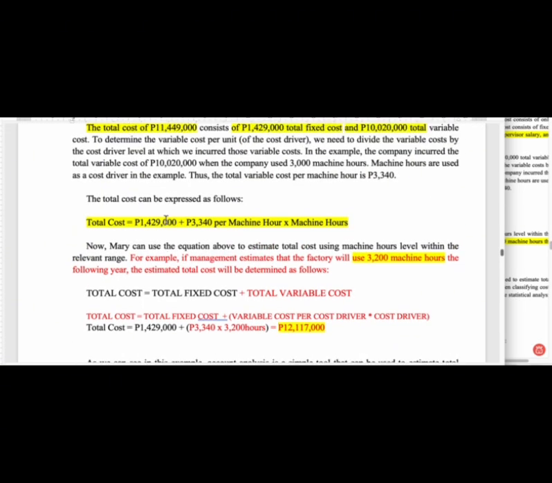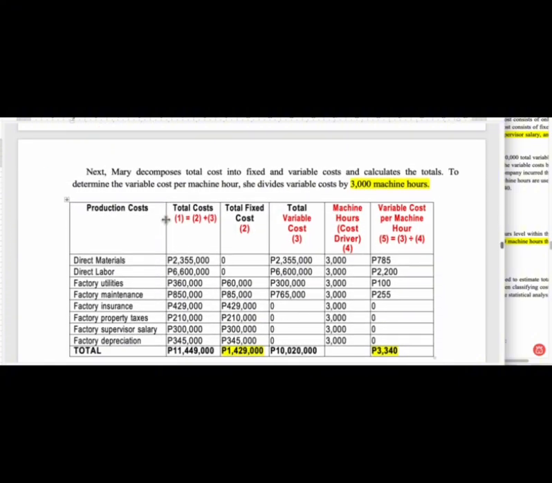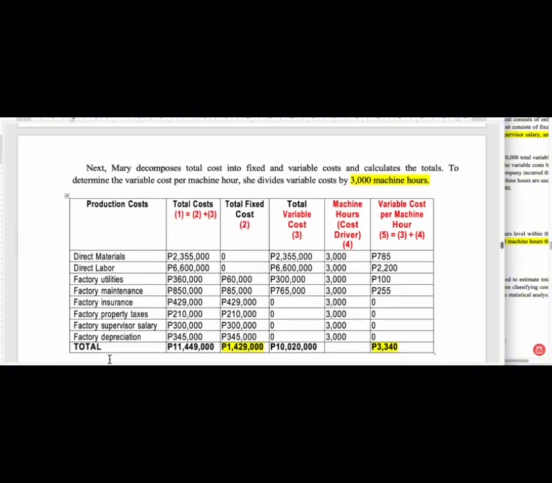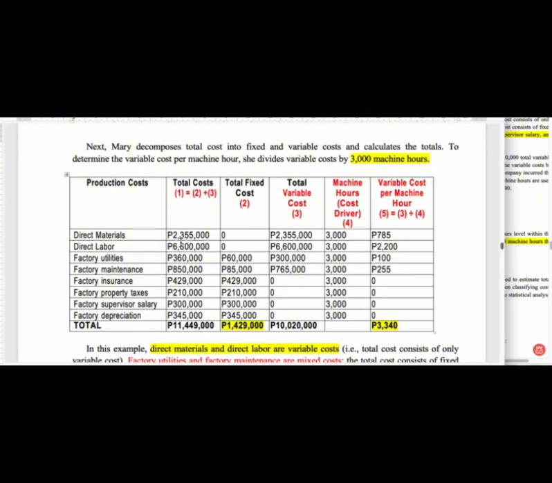Okay. So, let me go back over the steps. First, we copied the production cost, which is given in the problem, and laid out a table. Then second, we laid out the total cost, which is given in the problem. Then we added their amounts. Third, we have total fixed cost.